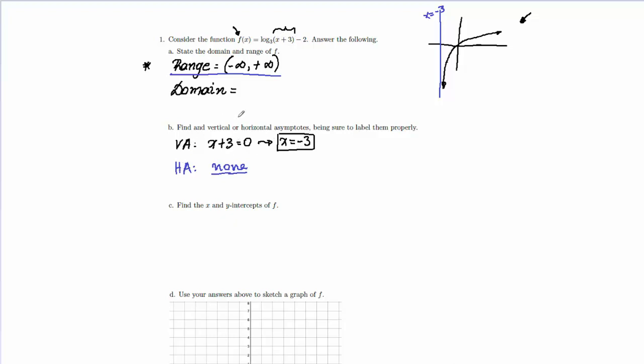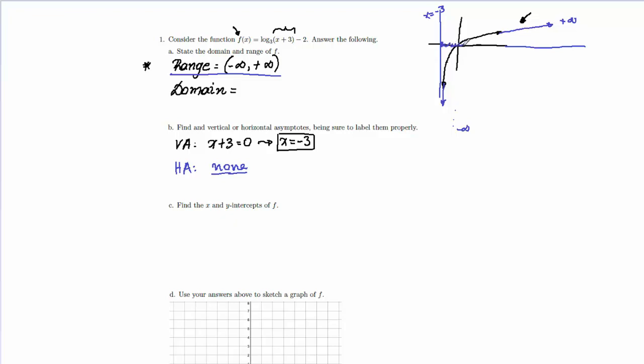If we have now the vertical asymptote at x equals negative 3 and the logarithmic function increasing to the right, then this means that the graph of the logarithmic function will decrease towards negative infinity here and will increase all the way, but slowly, to positive infinity here.